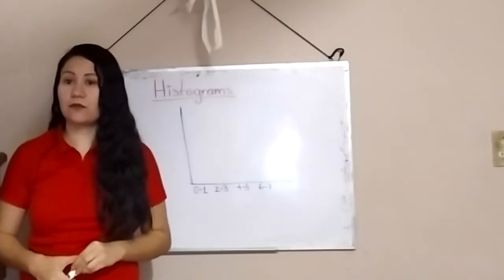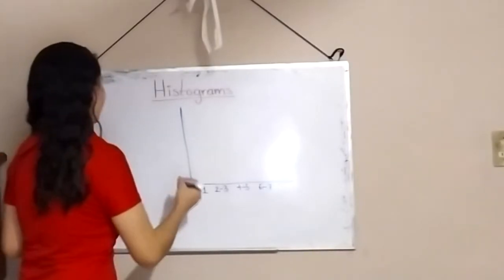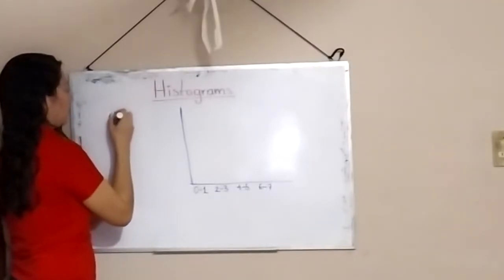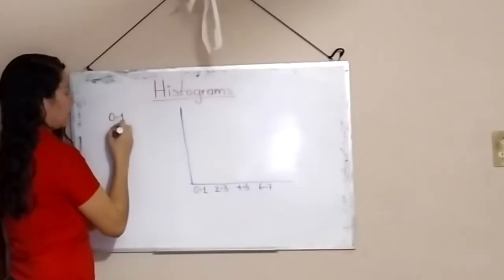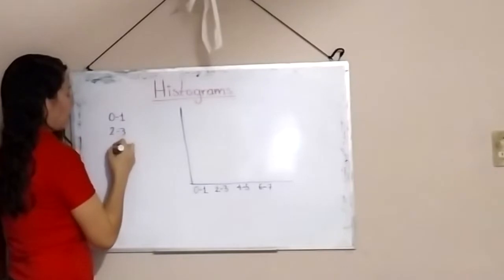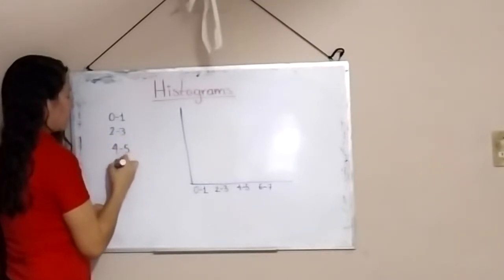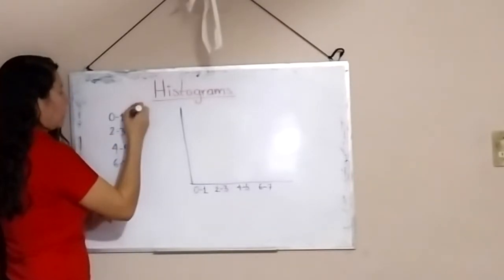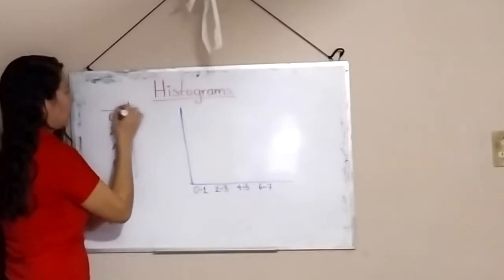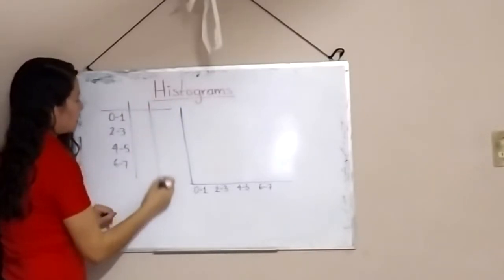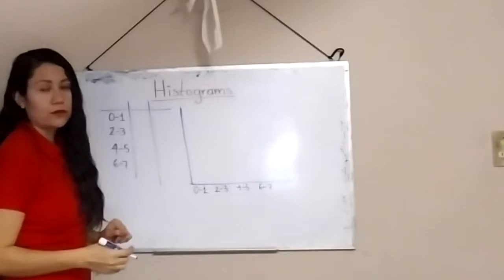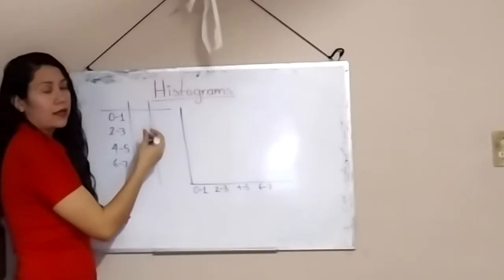Then we have to make a frequency table: 0 to 1, 2 to 3, 4 to 5, and 6 to 7. And we are going to see how many times each value is in the data.